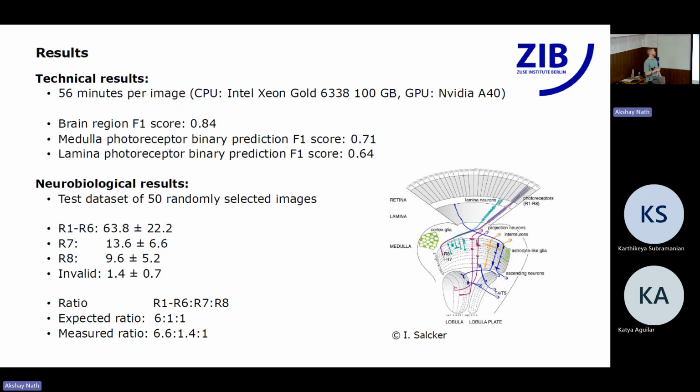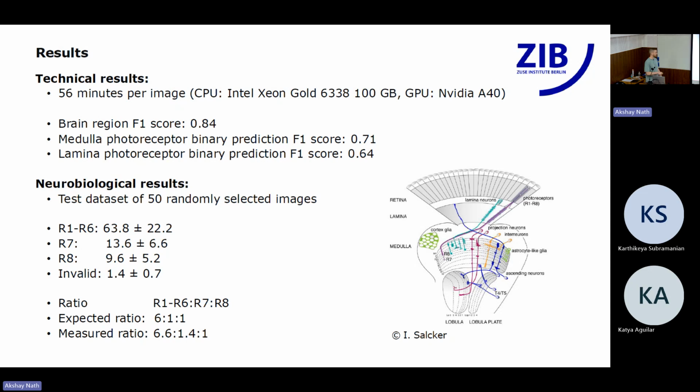And okay, this is about the technical results so far. As I said, we have 5,000 images. We didn't manage to run them all yet, but for the sake of writing a paper, we have tested this workflow on a dataset of 50 randomly selected images, and these are the results we get.